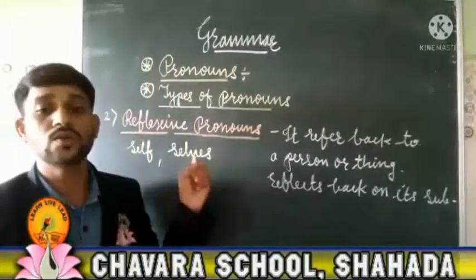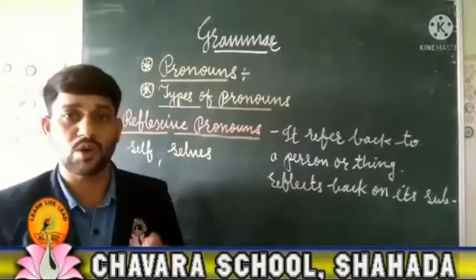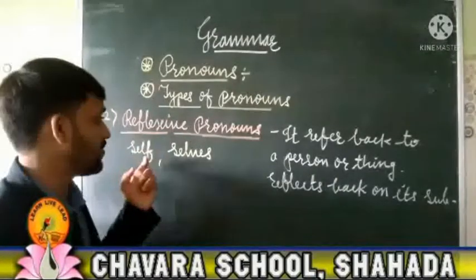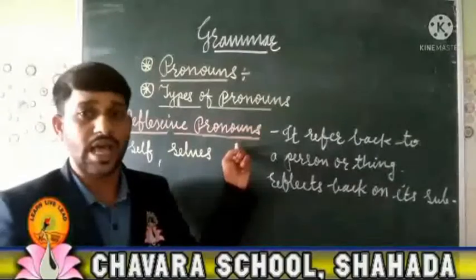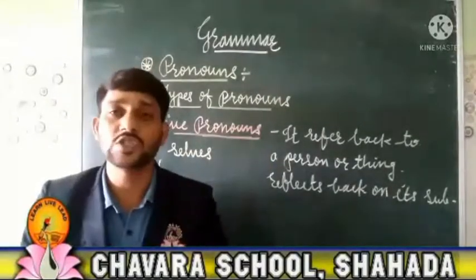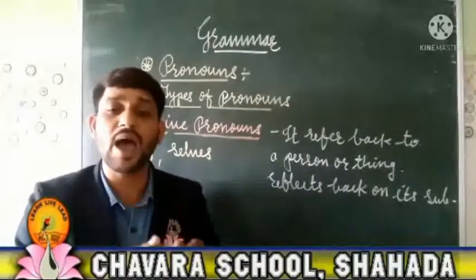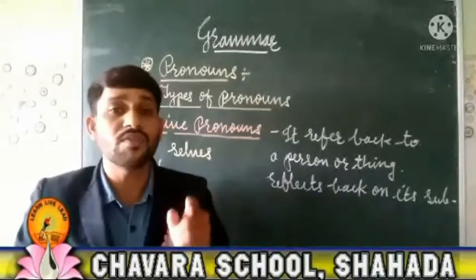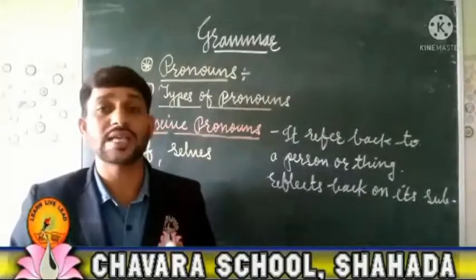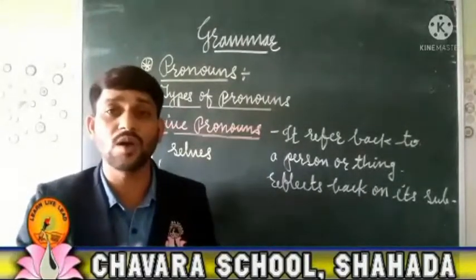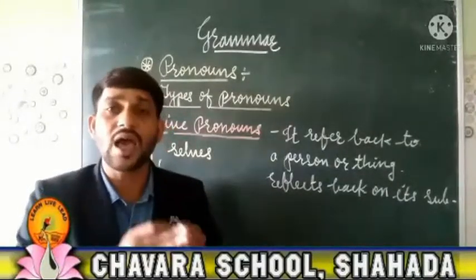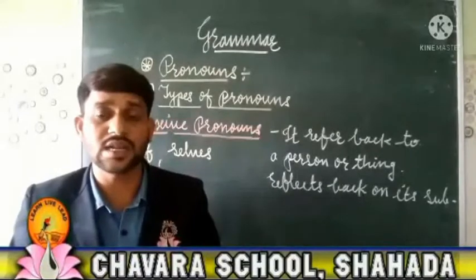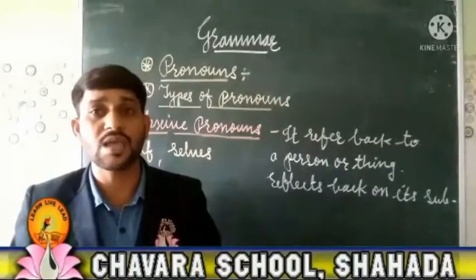And as we said that a reflexive pronoun reflects back on the subject, a reflexive pronoun is used as the object of the verb in the sentence. That means the subject and the object in the sentence are the same.